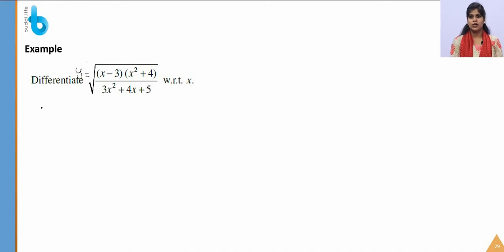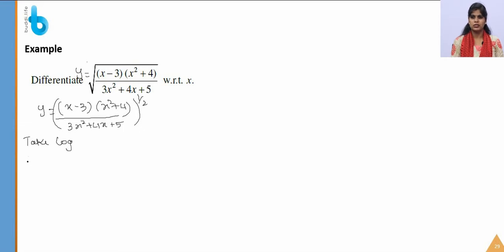Now, I can write this root as to the power 1 by 2. So, y equals [(x minus 3)(x square plus 4) divided by (3x square plus 4x plus 5)] to the power 1 by 2. Now what do you do? Take log on both the sides.